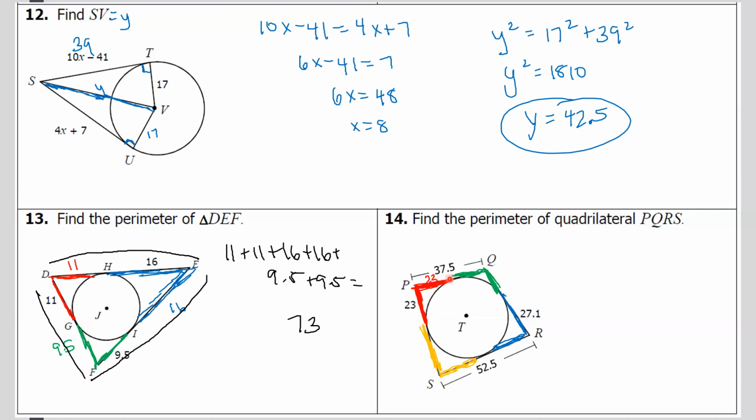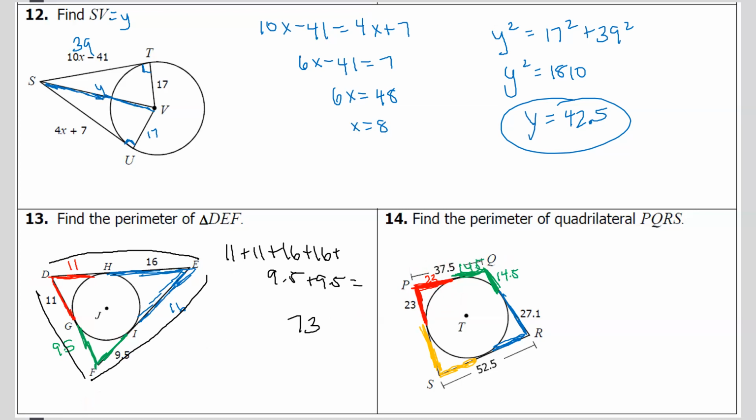Now I know that the entire length of PQ is 37.5. And this red piece is 23. So I can subtract 37.5 minus 23, 14.5. So the green piece here is 14.5. I'm going to label that 14.5, which means this green piece is 14.5.